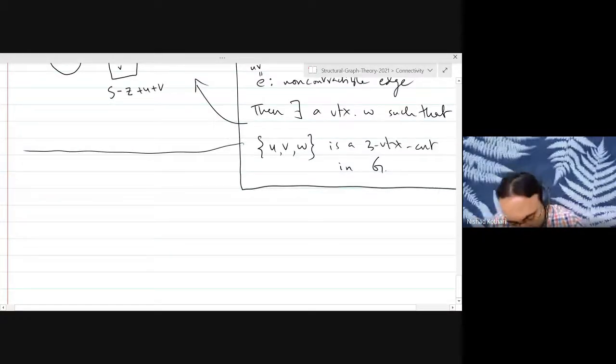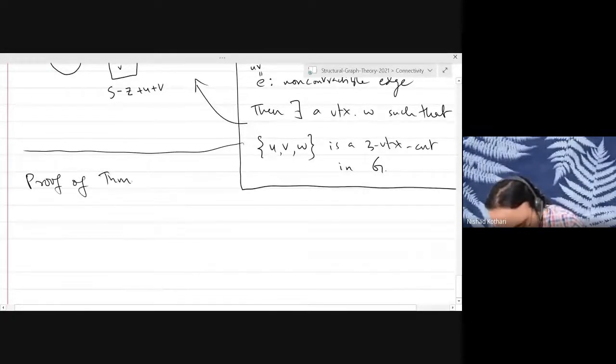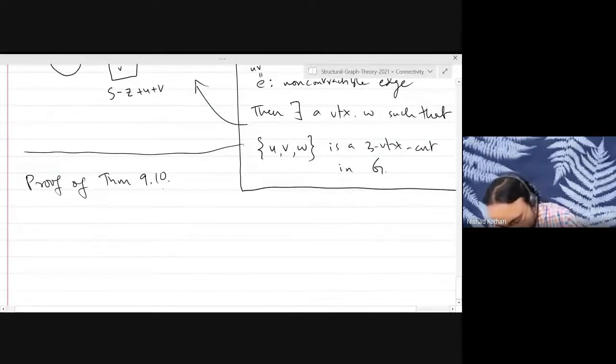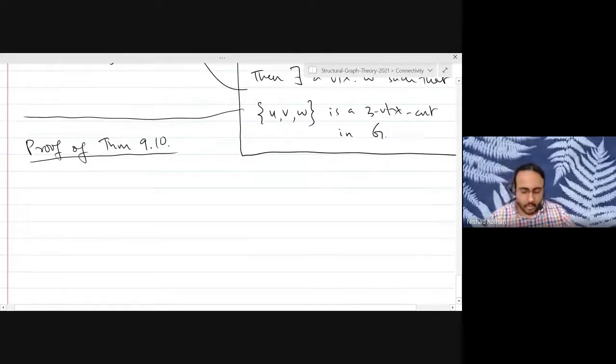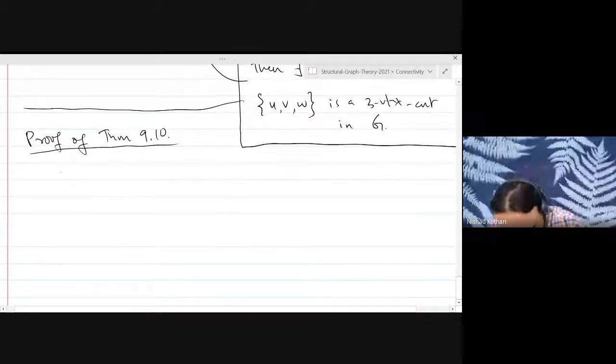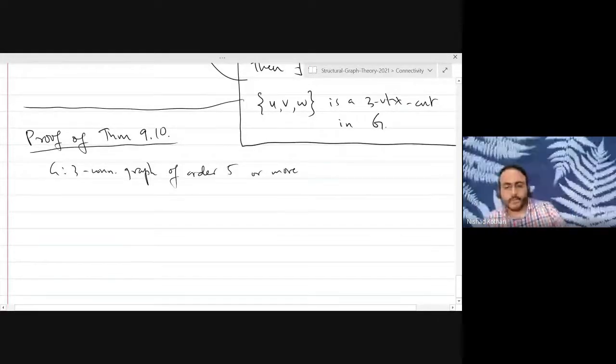Okay. So now we are going to try to prove Thomassen's theorem, which was, I think, 9.10. So let's say we have a three-connected graph G. And let us assume, for the sake of contradiction, that every single edge is non-contractible.